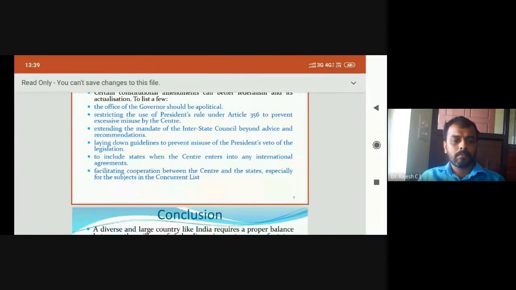For example, the office of the governor should be apolitical, and there should be restrictions on the use of president's rule under Article 356 to prevent excessive misuse of power. The Inter-State Council should be given more power beyond advice and recommendations. The center should include states in international agreements. And there should be cooperation between the center and the state, especially for the subjects mentioned in the concurrent list.